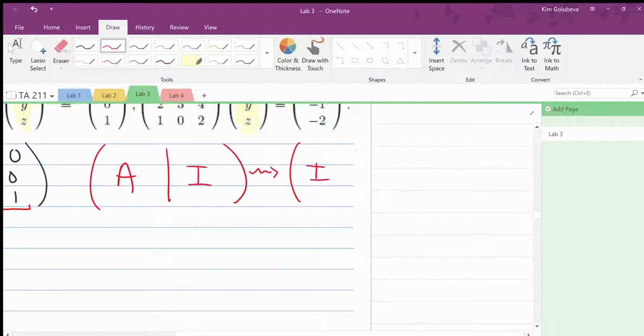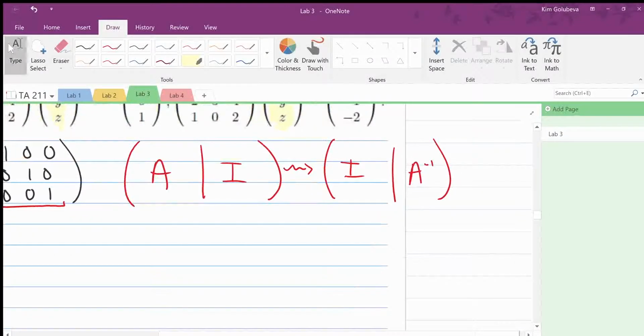until you get something that looks like this. What I mean is that you're starting with your A, and you're doing row operations just like normal, changing A into the identity.